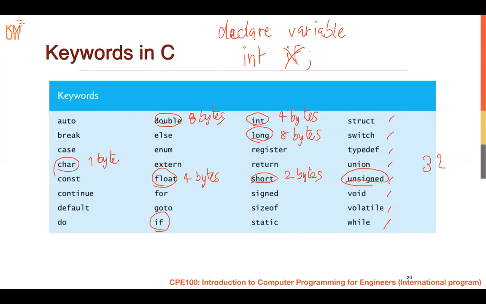We have unsigned and signed in order to show. For example, if you use integer, it's normally signed. Signed means you can use it as positive, zero, or negative.